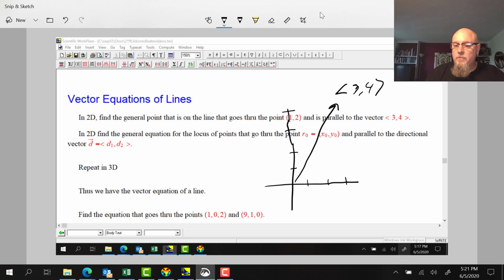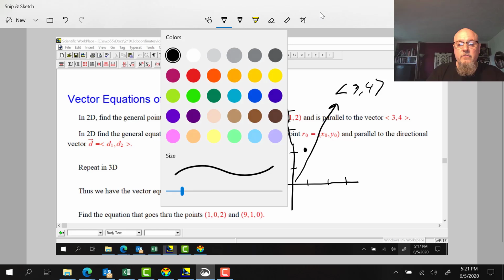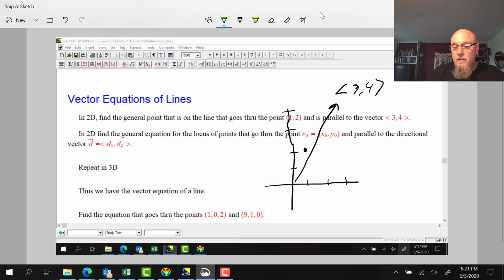So the line is supposed to be parallel to that, and it's supposed to go through the point (1, 2). So it goes through that point (1, 2) and it's parallel. I'm going to change color here so we can see the line. How about green? We're talking about everything on that green line, every point there is.